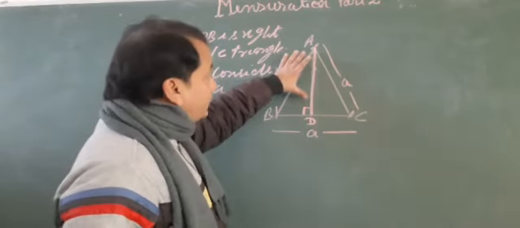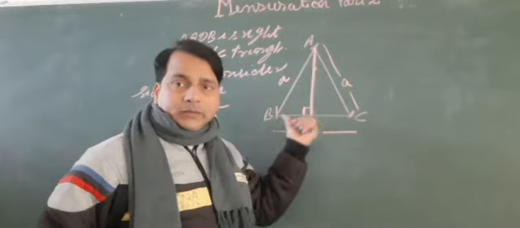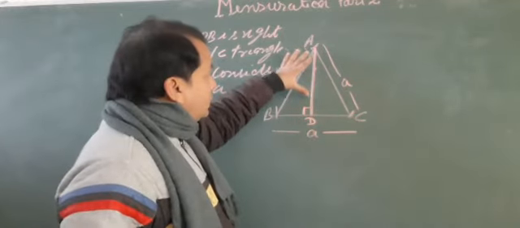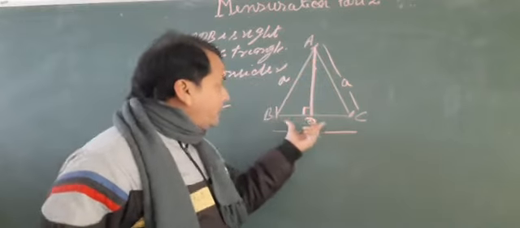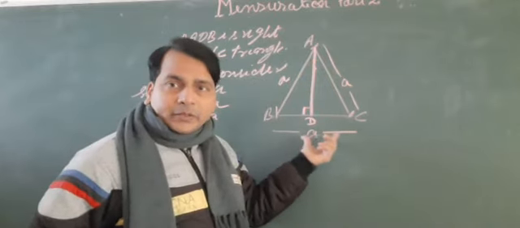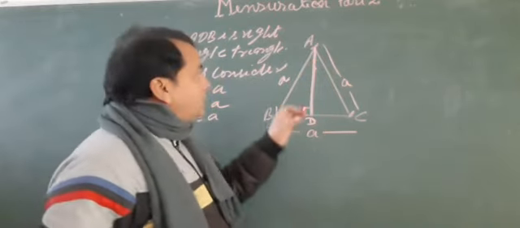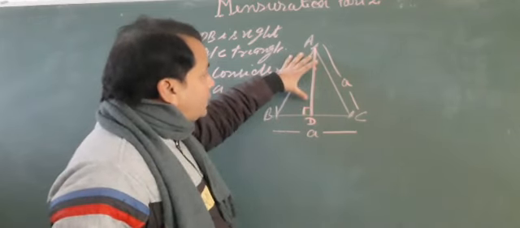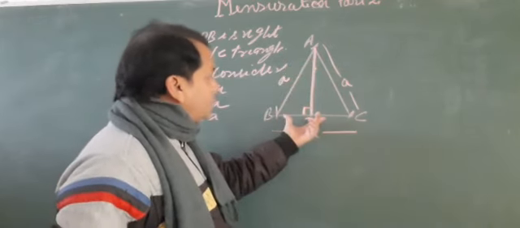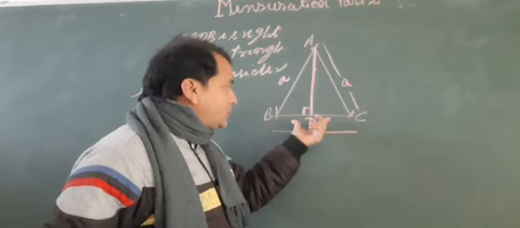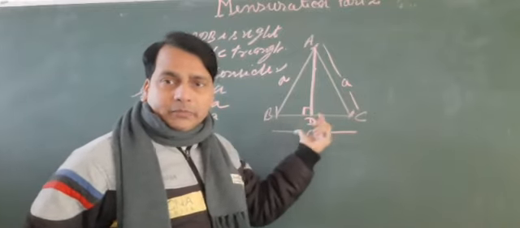So it is clear that line AD is perpendicular on the base BC and AD divides side BC into two equal parts, meaning perpendicular AD on the BC side, AD bisects BC.